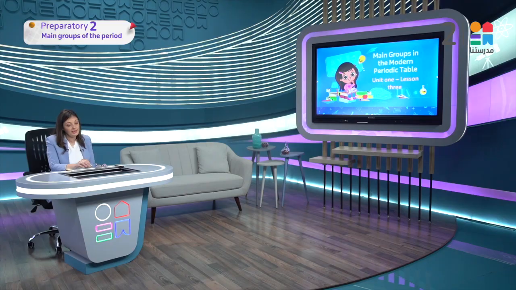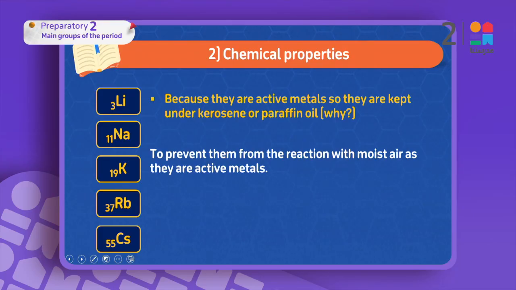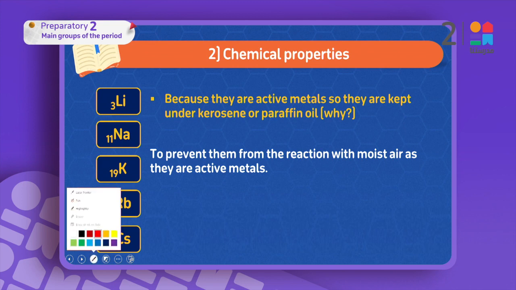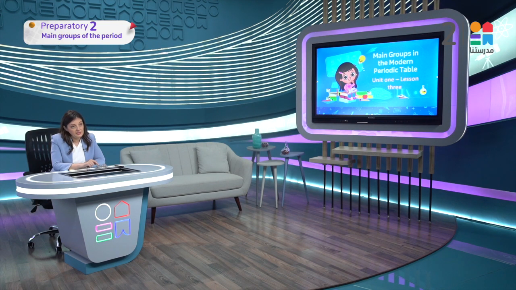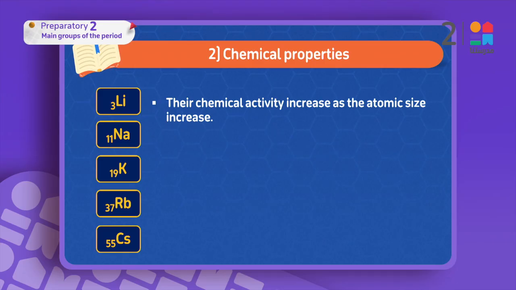What else from the chemical reactions of alkali metals? I just want you to note that for lithium, the first one, Li, the chemical activity increases as the atomic size increases.